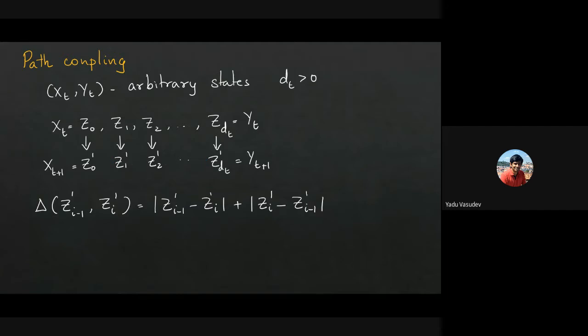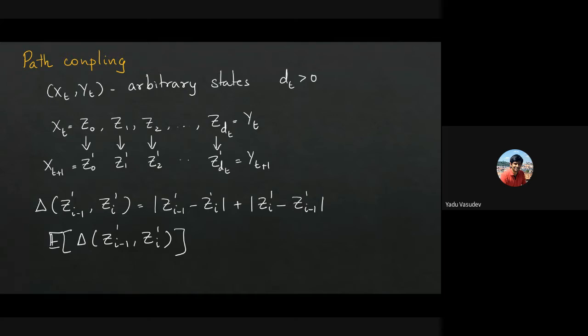In particular, what we are interested in is this quantity, delta of zi minus 1 prime comma zi prime, the symmetric difference between zi minus 1 prime and zi prime. What can we say about the expected value of this symmetric difference?